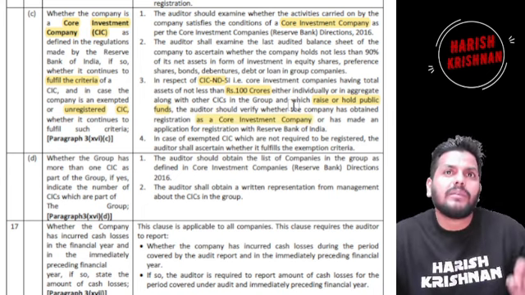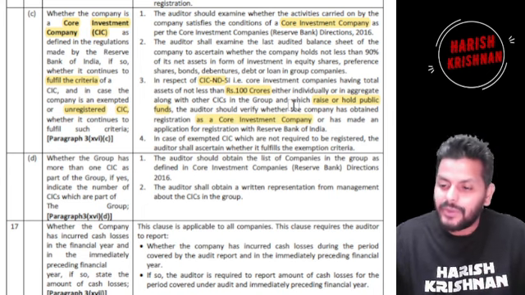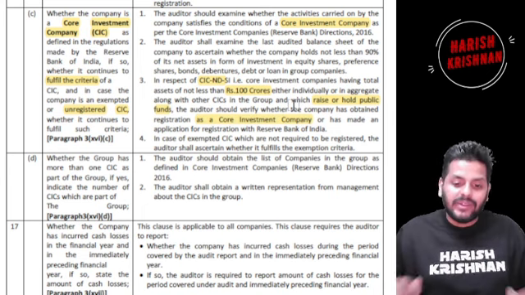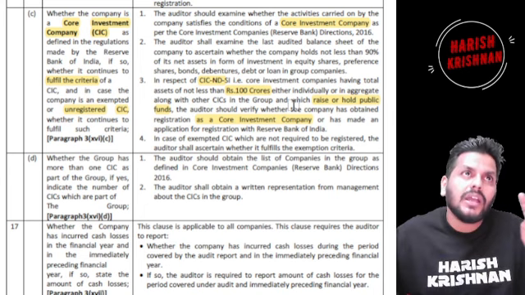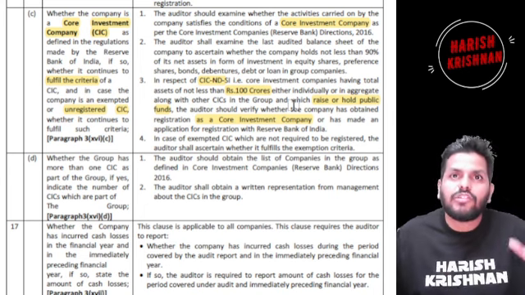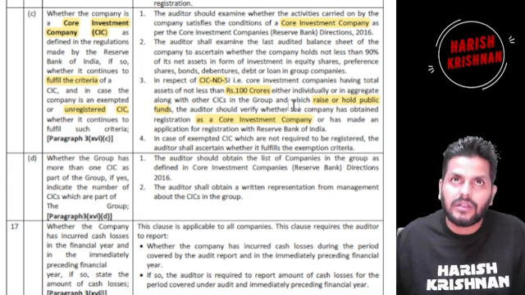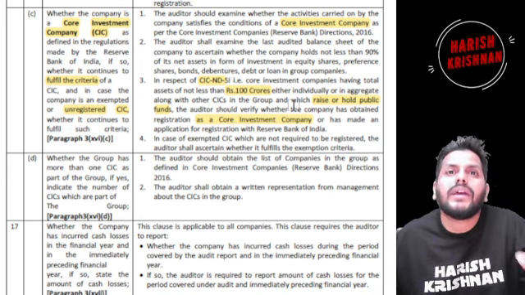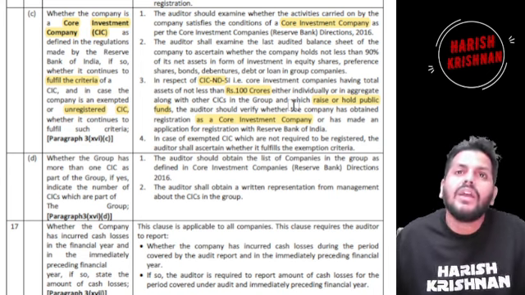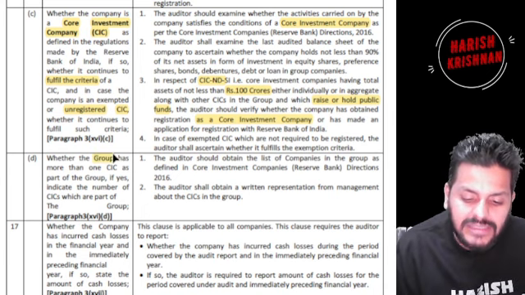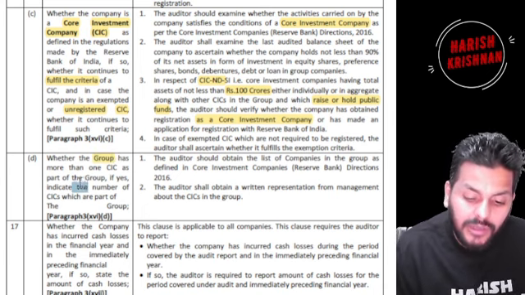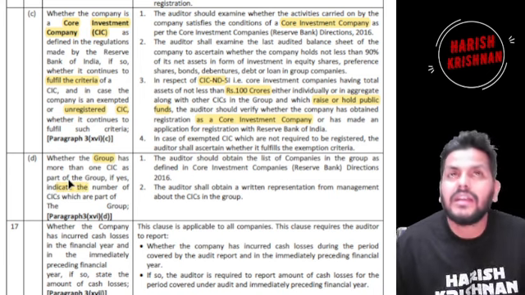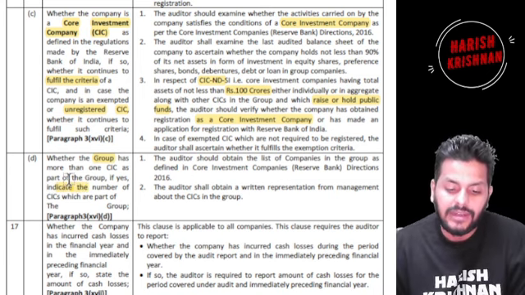The core investment company's main purpose is to make investments into other companies, and whether the company lived up to doing that or not. Okay. And in the entire group, whether there is only one such company or whether the group as such has more than one core investment company, how many are there and what are their details, that also has to be indicated there.